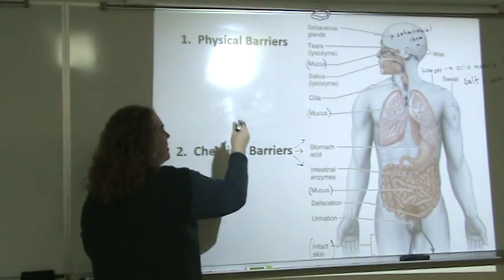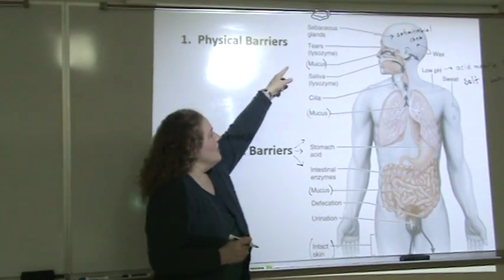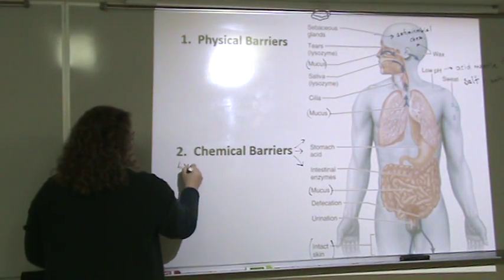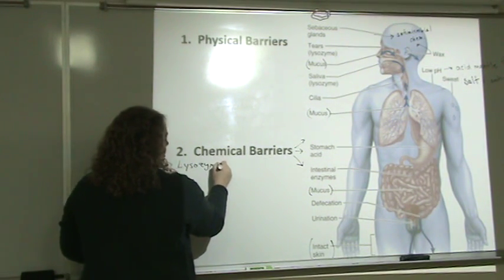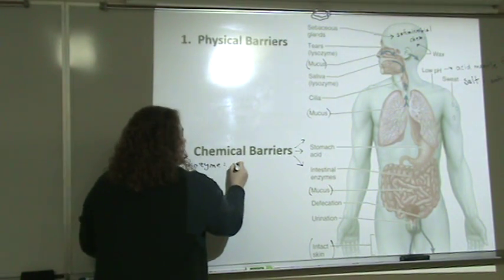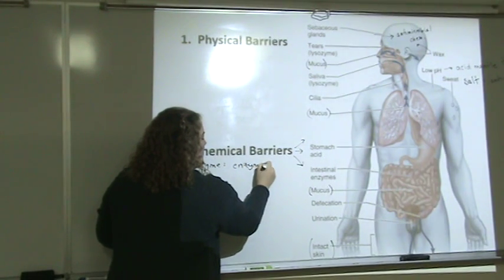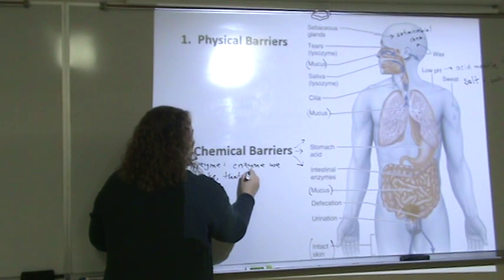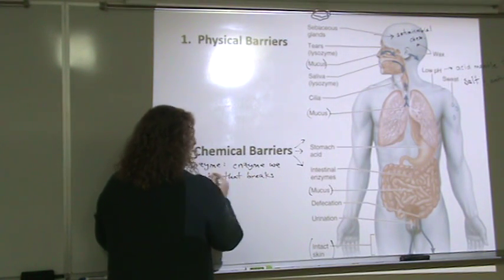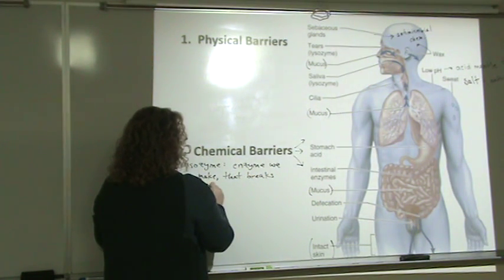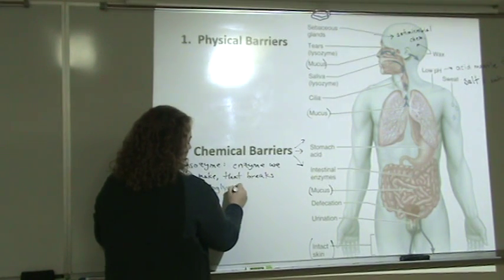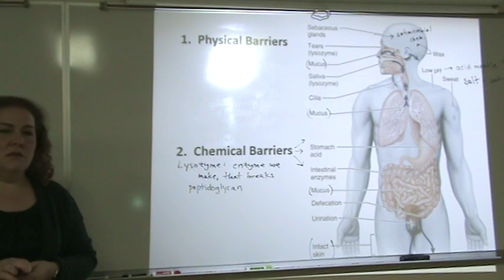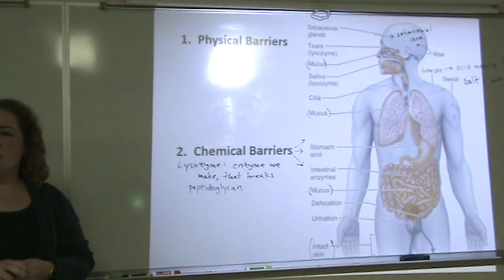Okay. The next one I want to talk about is lysozyme. So notice they've got lysozyme here, in tears and saliva. Lysozyme is an enzyme that we make that breaks peptidoglycan. What's peptidoglycan?